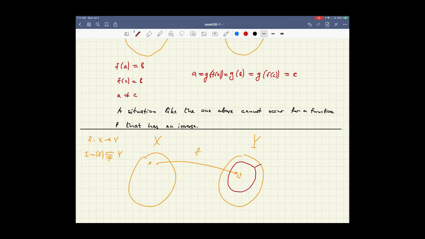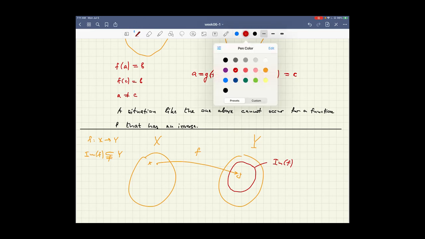This red circle, for instance, is the image of f. It lies entirely inside the set y, but it's strictly less than the set y.